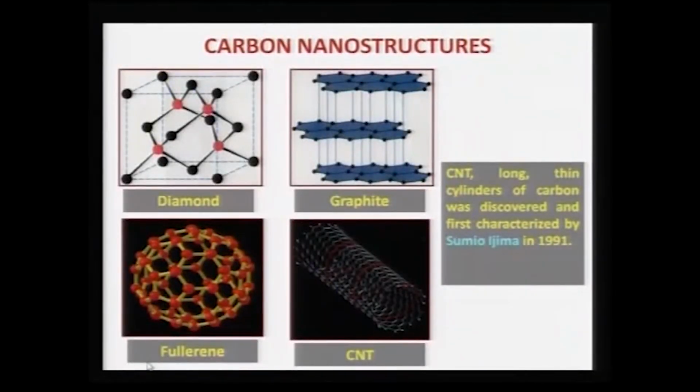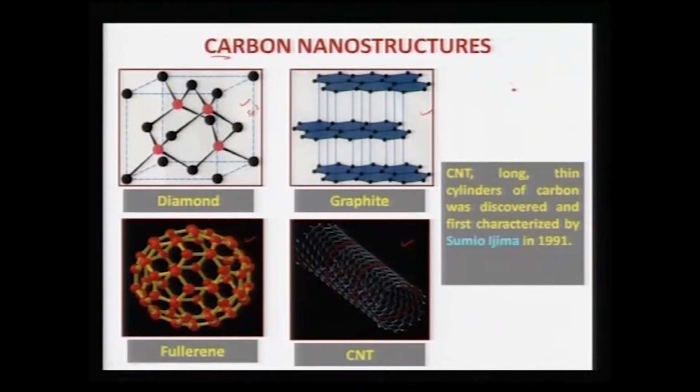Now, coming to the nanostructures. Carbon has many polymorphs available. In this case we have a diamond structure, a graphitic structure, a fullerene structure, and then something called carbon nanotube. In the case of diamond, we have sp3 hybridization.